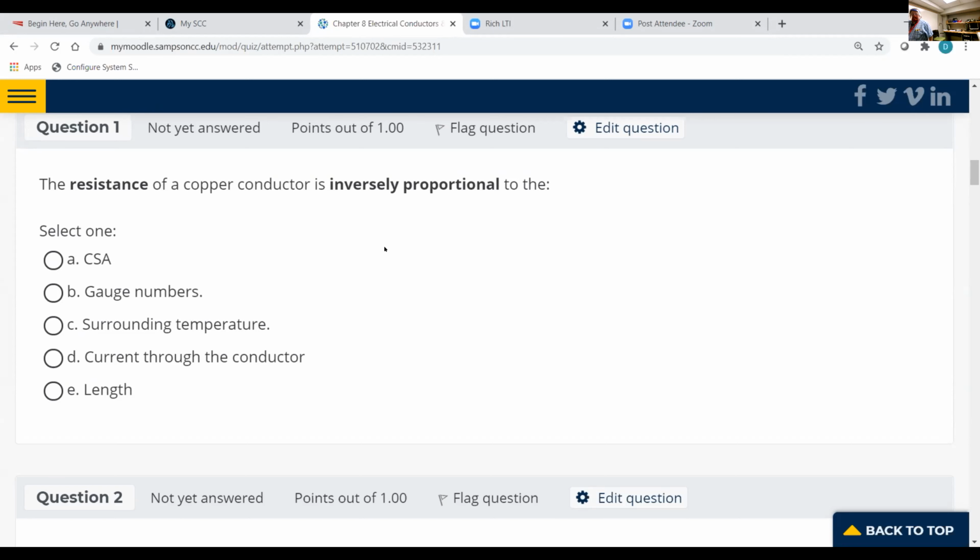The real size of that wire is the CSA. The gauge number doesn't correlate really, because when you go from 18 down to number 1, the wire gets bigger, so you can't go by that. Does that make sense? Is that the answer, CSA? Yes, it is.